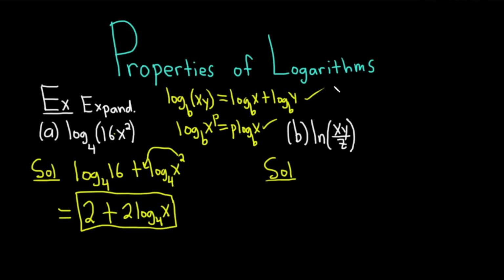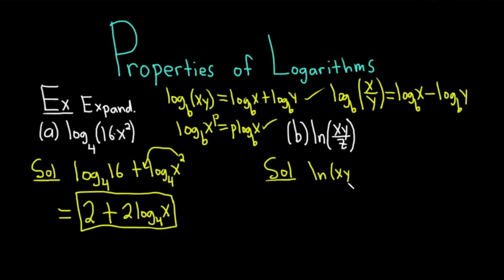Now we need to use what's called the quotient rule. The quotient rule says if you have the log base b of x over y, when you have a fraction, it turns into subtraction. This is the log base b of x minus the log base b of y. In this particular problem, it'll be ln of xy, and then minus ln of z, just like the formula says.